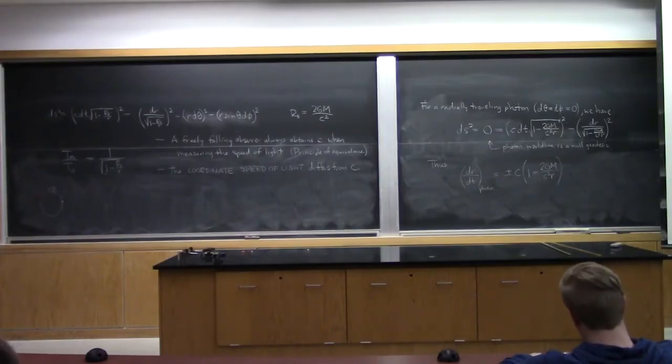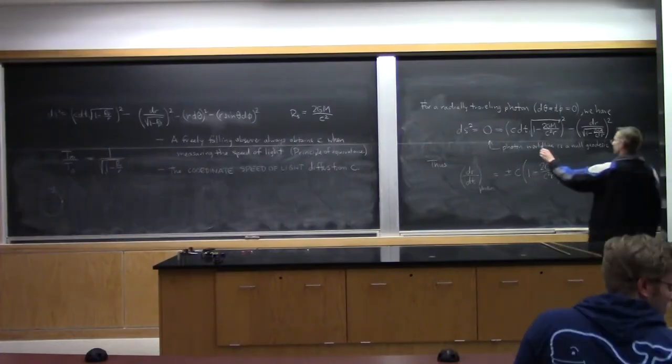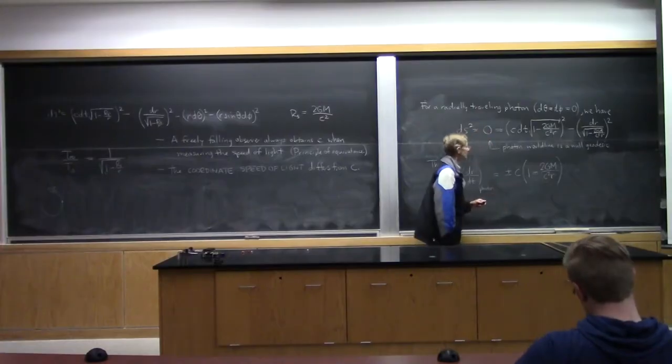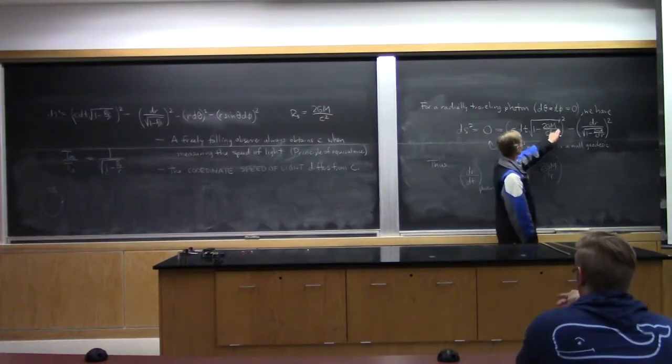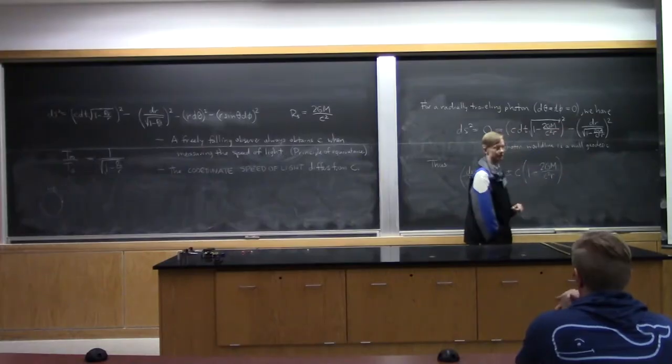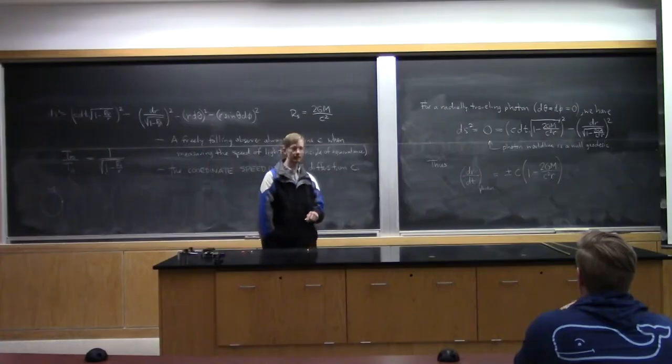Because when I move the dr piece over to the left side of the equal sign here, and I divide through by dt, I'm going to take this square root and multiply it by this square root and undo it, so to speak. Okay, does that make sense? Are you happy with that?